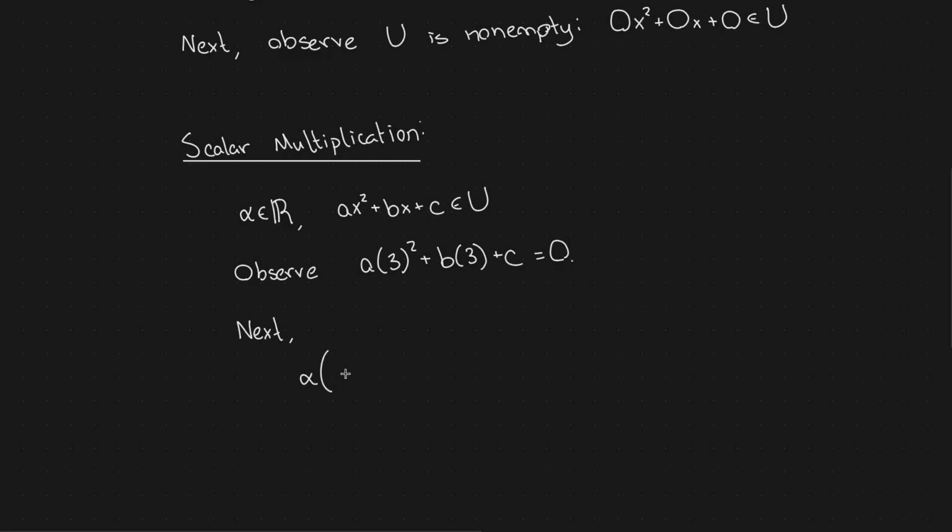So if I take alpha times ax squared plus bx plus c, well, clearly, if you want to get fancy and actually distribute the alpha, you can.